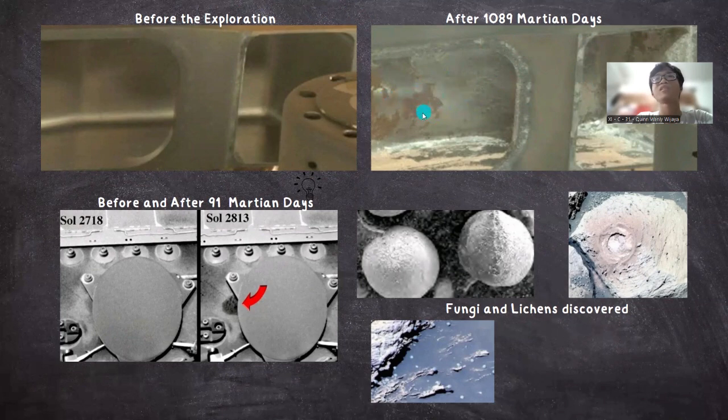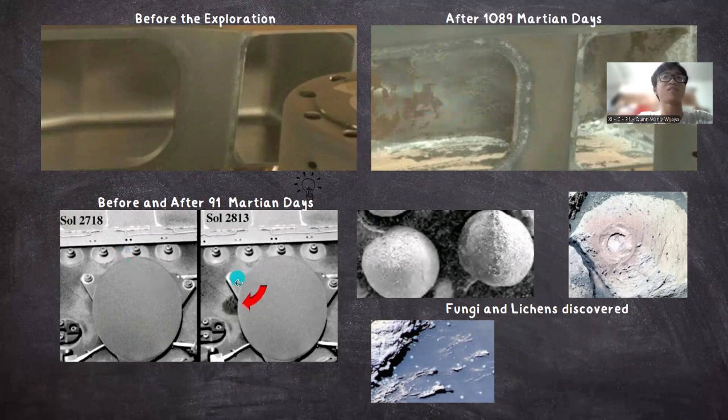As we can see in the glass here, there's some indication that this mark was some bacteria or fungi that has grown on the outside of the Curiosity rover. Before the expedition, there was no such mark. But some scientists believe that this mark is actually sand or dust that appeared on the rover itself. So it's not yet proven whether it's fungi, bacteria, or just dust or sand on the rover.